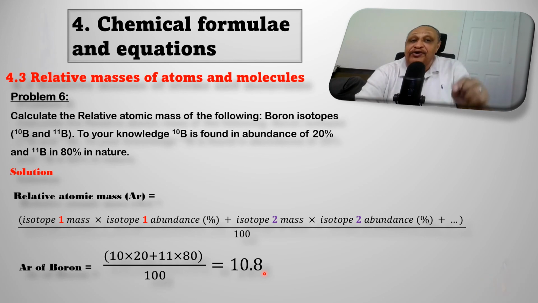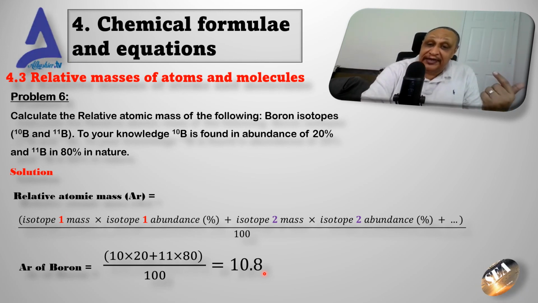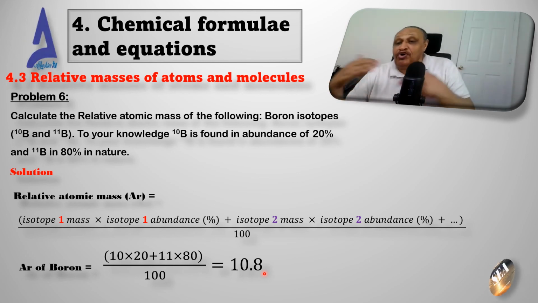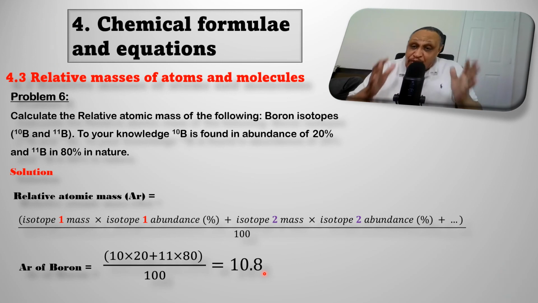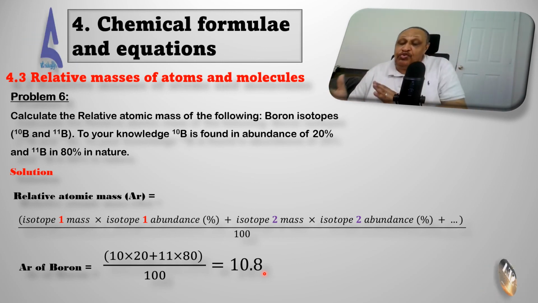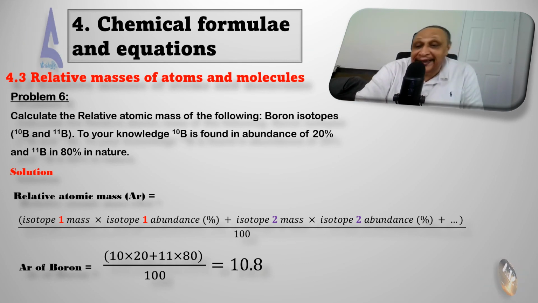And 10.8 is near 11, not far from 10, so it leans towards the one with more contribution. The weighted average leans towards the isotope with the highest contribution in nature. Again, pause and do the calculations yourself.